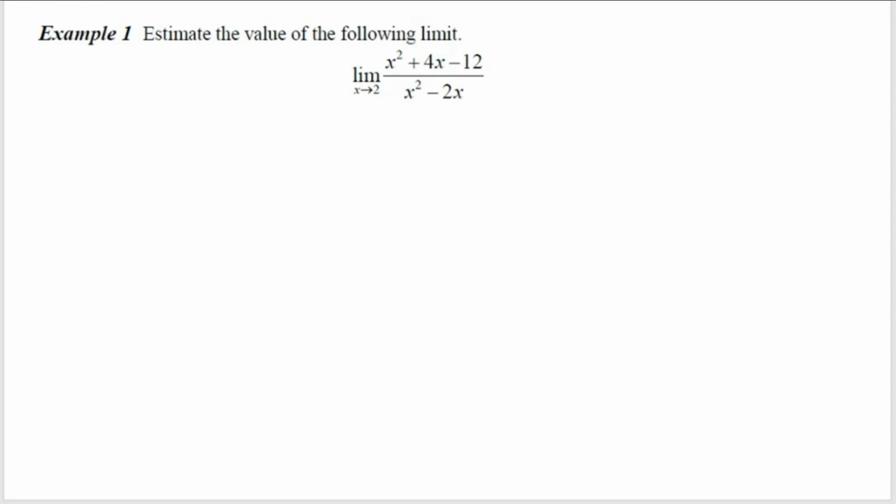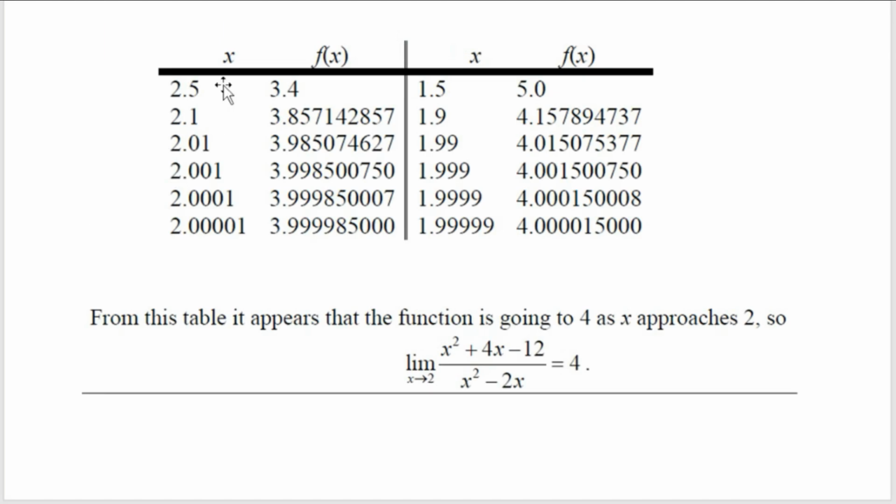For example, if we let x be 2.5, then we substitute 2.5 into the given expression of the limit, x squared plus 4x minus 12 all over x squared minus 2x. So we assume the value of x approaching 2, shall we say x is 2.5?